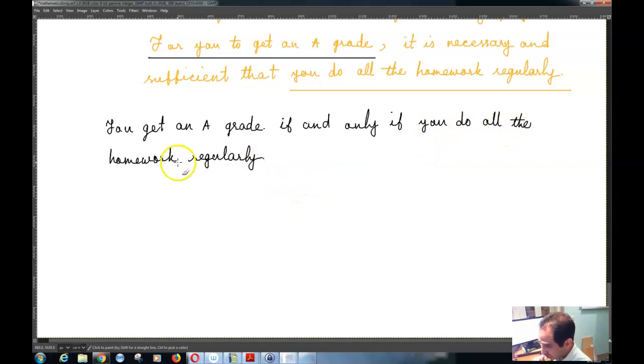Meaning that if you do all the homework regularly, you will get an A grade, and you will get an A grade if you do all the homework regularly. It works both ways. But we cannot actually talk about any definitive rules based on examples.